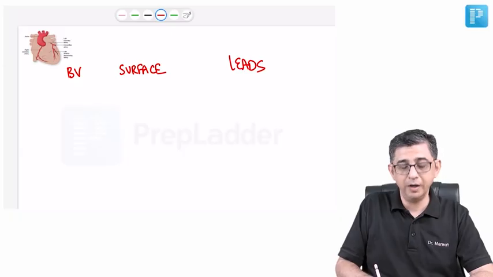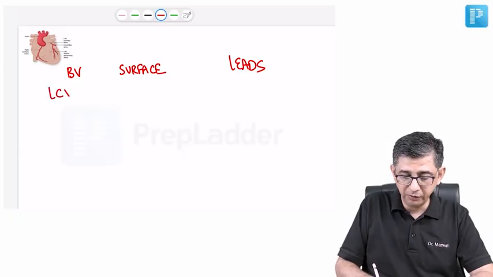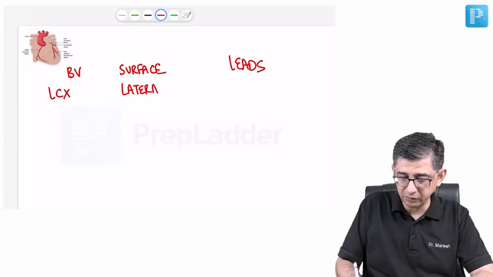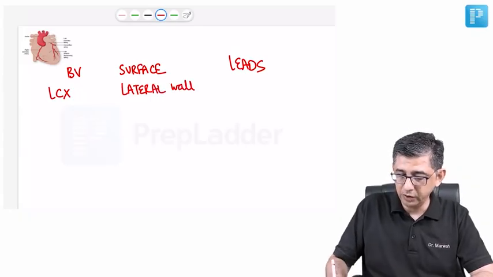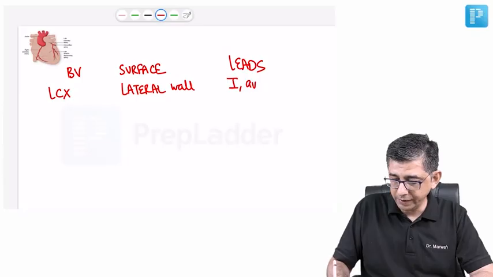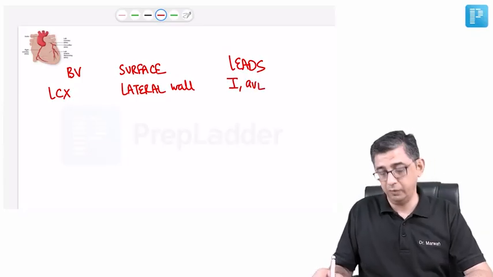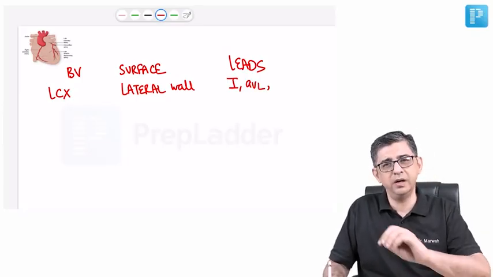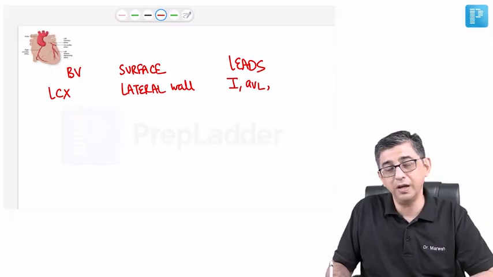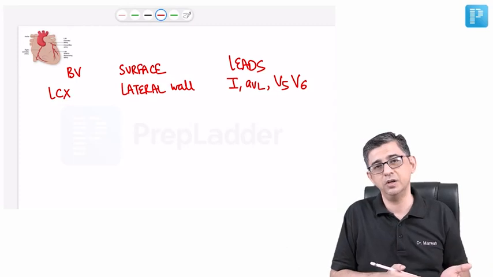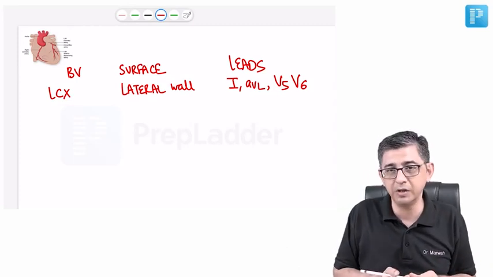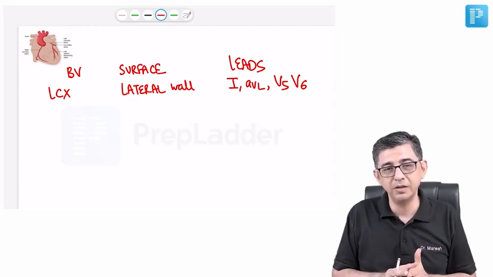If it's, let me say, the involvement of the left circumflex artery, then as we have just discussed, this would be a lateral surface involvement. So I'm going to call it a lateral wall MI. The leads that would help me pick it up would be lead 1, AVL. 1 and AVL will be by default written in all the inputs that I give to you subsequently, but predominantly V5, V6 are going to have either an ST elevation or an ST depression with a T-wave inversion, and biomarkers would get deranged.